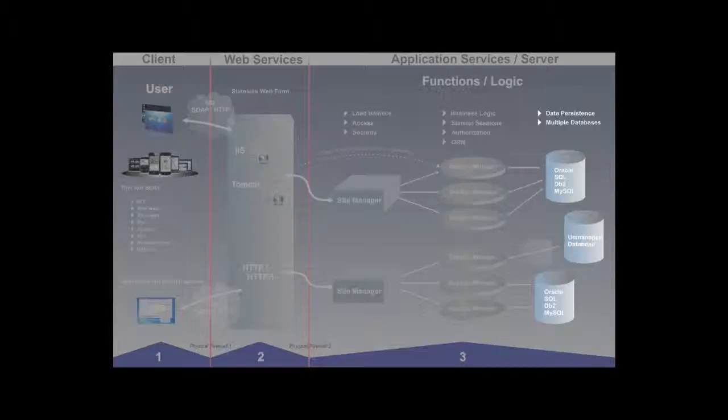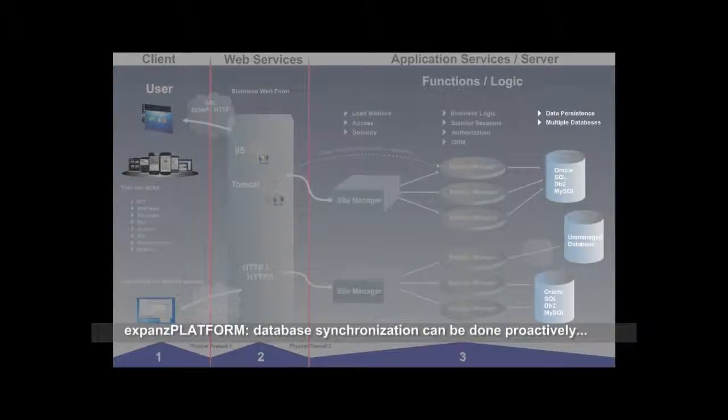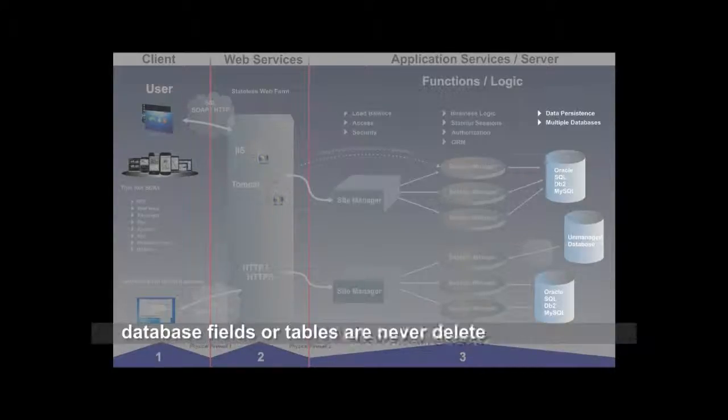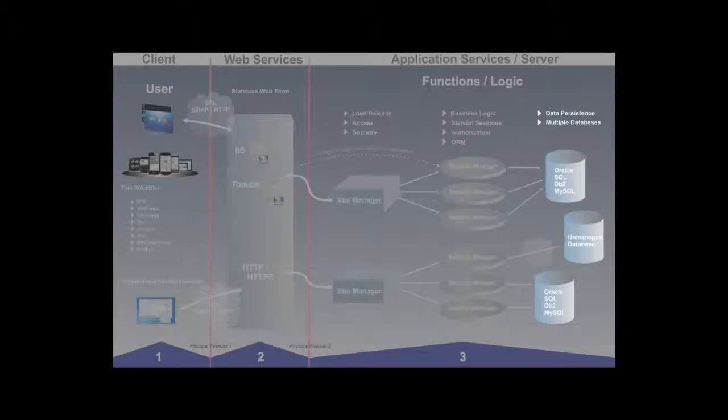In that case, all metadata within the application server is subsequently synchronized to the persistent store. When using expanzPLATFORM, database synchronization can be done proactively using SQL scripts, or reactively when the application server detects missing fields and attempts to add them, a configurable feature that can be switched on or off. On expanzPLATFORM, database fields or tables are never deleted or renamed.